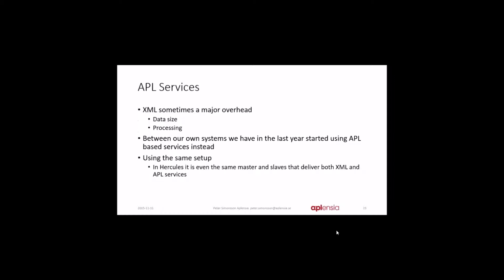And then a final thing, that sometimes this XML stuff is somewhat of an overhead, of course, both in that it inflates the data and that it adds processing time.